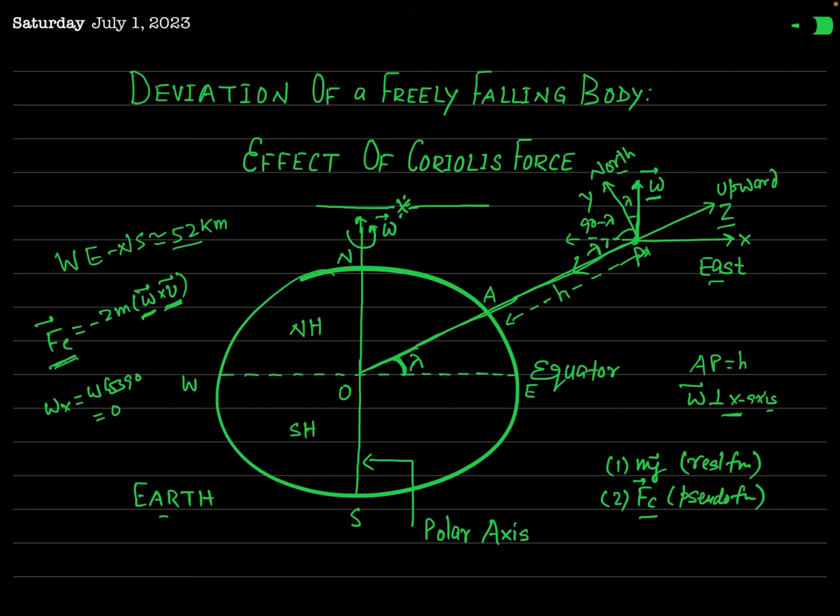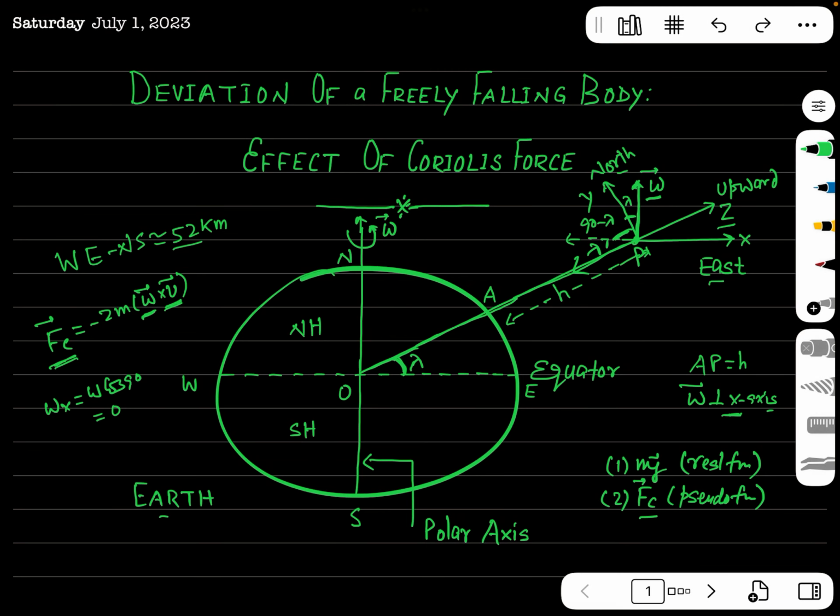Again, this omega is perpendicular to the x-axis, so the total angle made by omega with the x-axis is 90, but this angle is 90 minus lambda, so the angle between the y-axis and omega will be equal to lambda. That is, the angle between the omega vector and the y-axis, the northward direction, is lambda. So omega makes angle lambda with the y-axis, and 90 minus lambda with the z-axis. I have mentioned these things here, you can see.